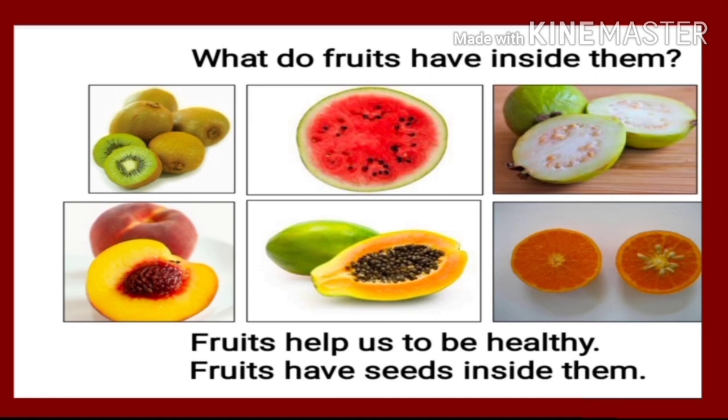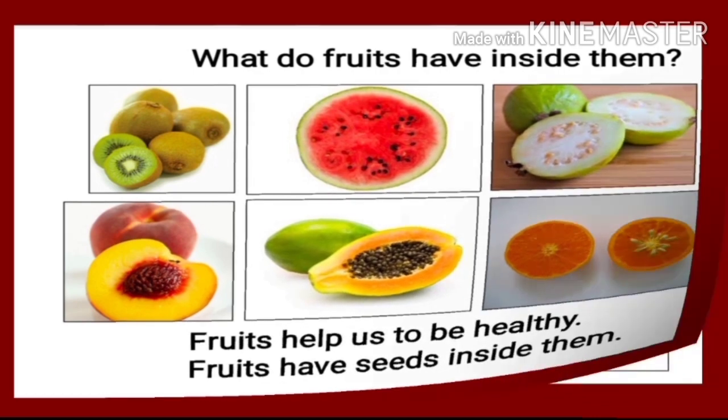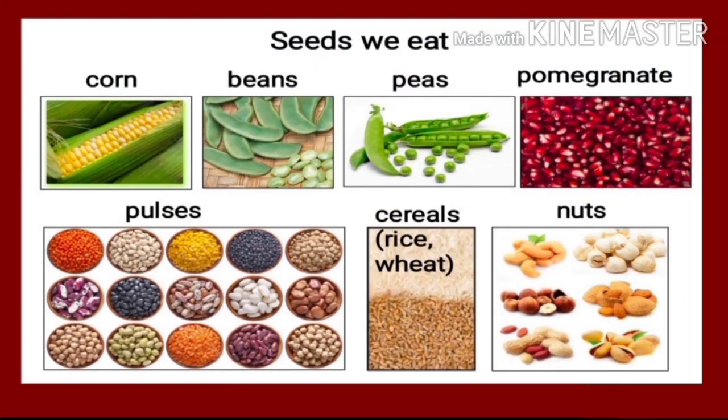What do fruits have inside them? Do you know, children? Yes, fruits help us to be healthy, and fruits have seeds inside them. Here are the examples. Seeds we eat: corn, beans, peas, pomegranate, pulses, cereals and nuts.